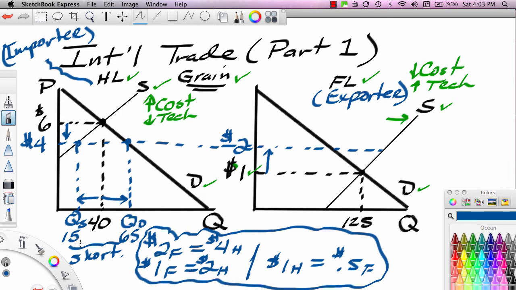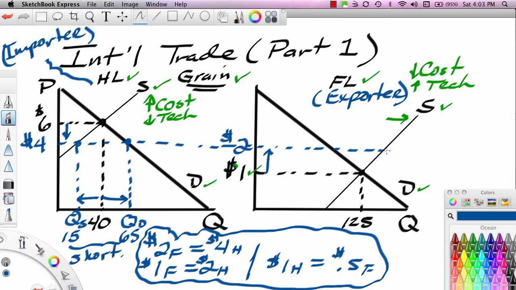You're not going to import if your quantity supplied domestically equals your quantity demanded domestically. You'll be able to satisfy that demand with domestic production. But the idea here is that the price has fallen, motivating buyers at home to want to buy more, but motivating sellers at home to not be able to profitably produce as much, creating this shortage.